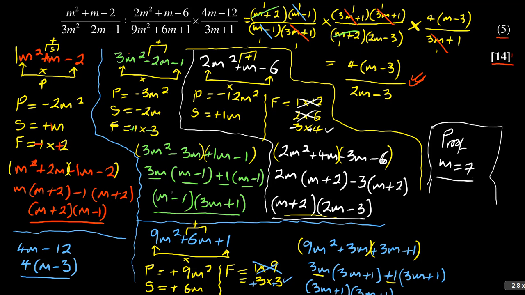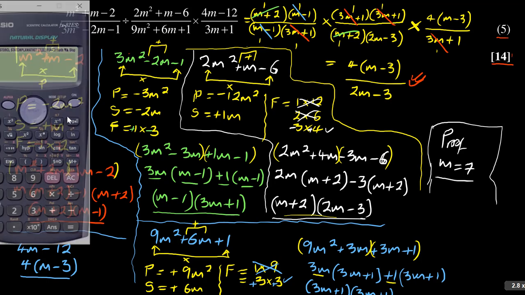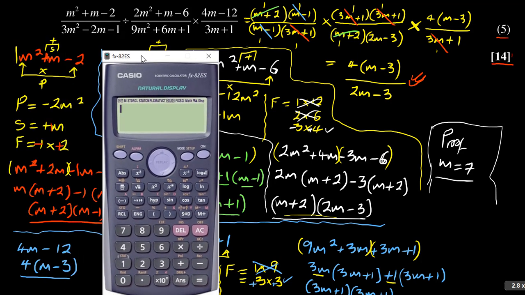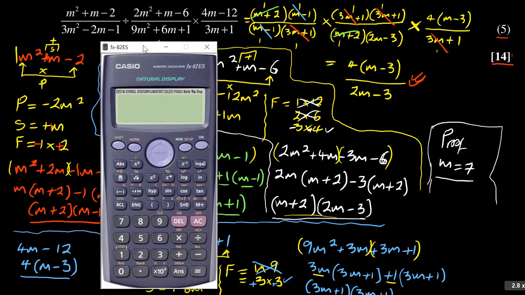So don't choose a number which will give the fraction a 0 at the bottom, because you are going to get an error. So when your calculator gives you an error, try another different number until you get the answer. So let's say m is equal to 7. So now with that, I take my calculator, and what I do is where there is m, I put a 7.